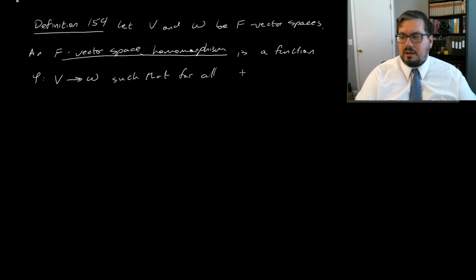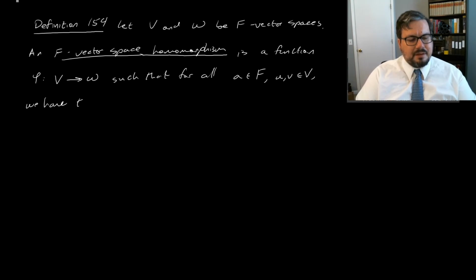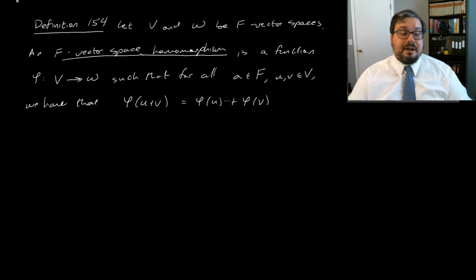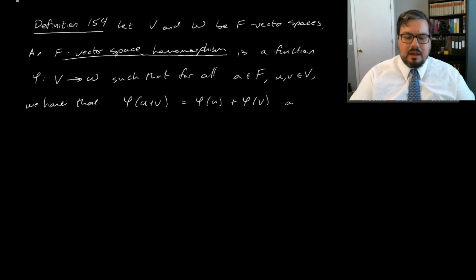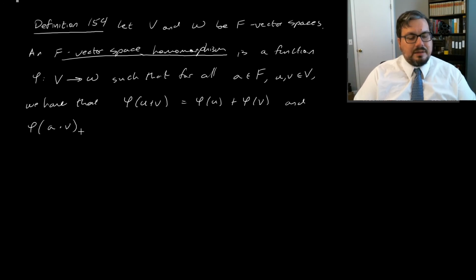for all a in F and u and v in V, we have that phi of u plus v is equal to phi of u plus phi of v. In other words, phi has to be a group homomorphism going from V to W. And it also has to respect the action.